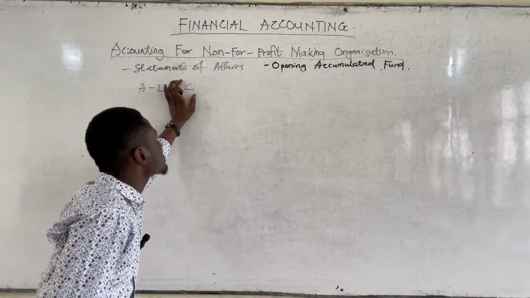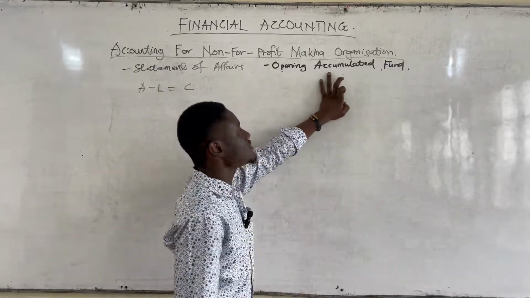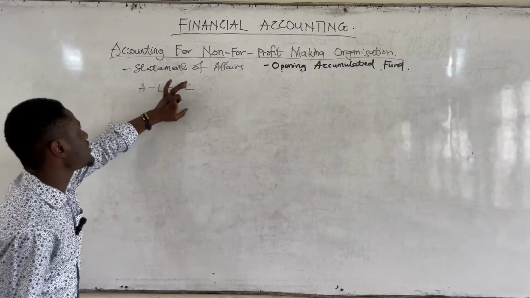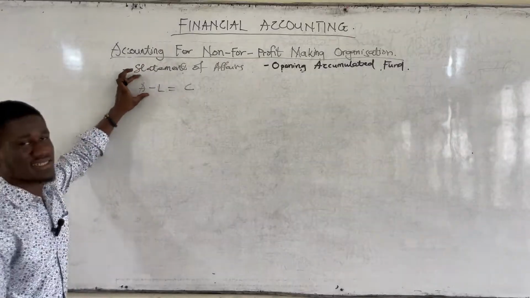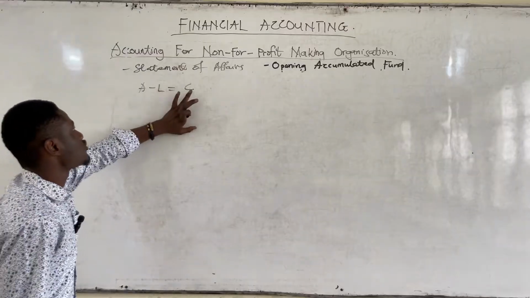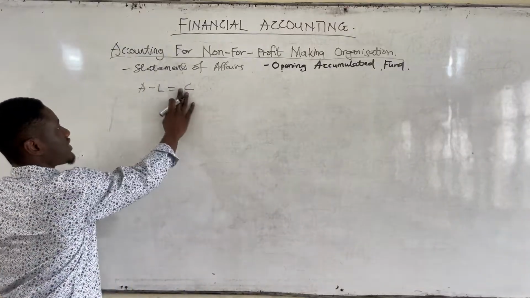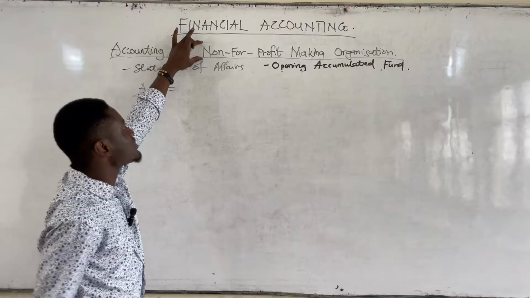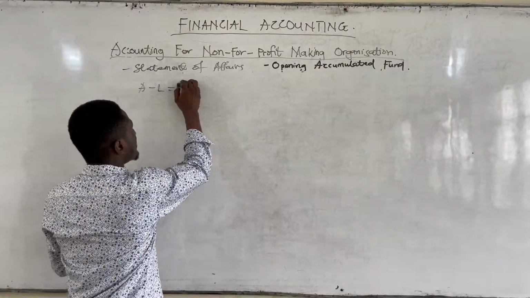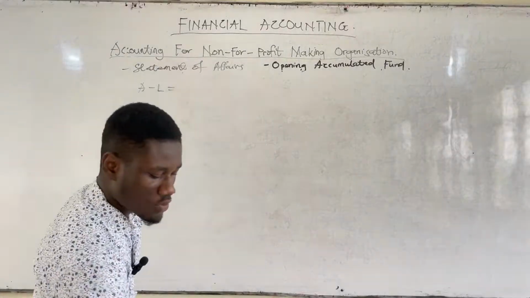But here we are not using capital, we are using accumulated fund. So we use opening assets less opening liabilities to get our opening accumulated fund instead of the capital, because we are dealing with a non-for-profit making organization.